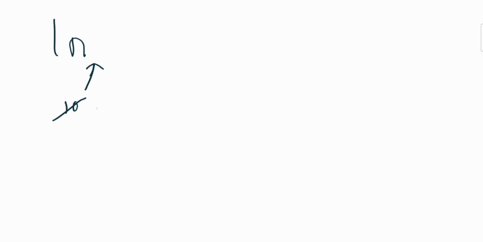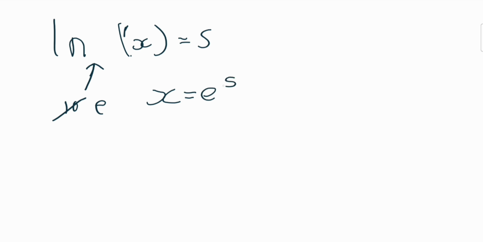It equals e. So the natural log of x equals, let's say, 5 means that in this case, x equals e to the 5th. It's pretty hard to do this without a calculator, so you can just use a calculator, or you can just write it like this. If you don't have a calculator, this should be enough.